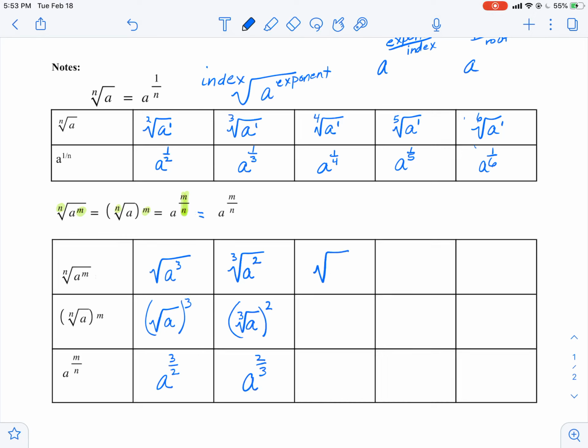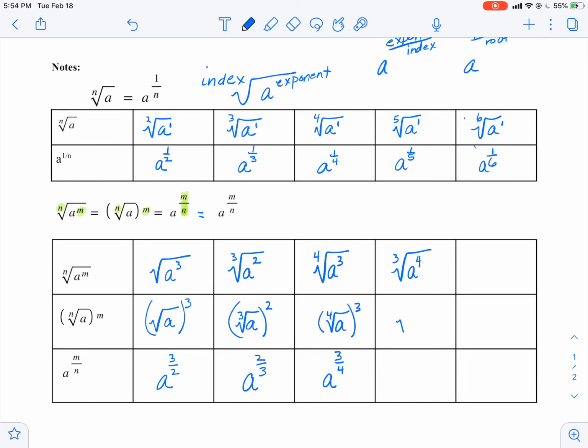How about if I have, let's do the fourth root of a cubed. So that could be written as the fourth root of a with the cube on the outside, or again, power over root. Another one that we could do, let's say we have just the opposite. We have a to the 4th, and then we're going to take the cube root of that.